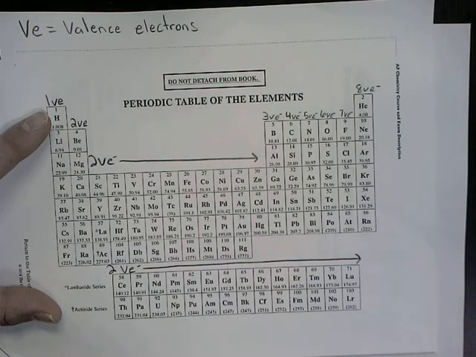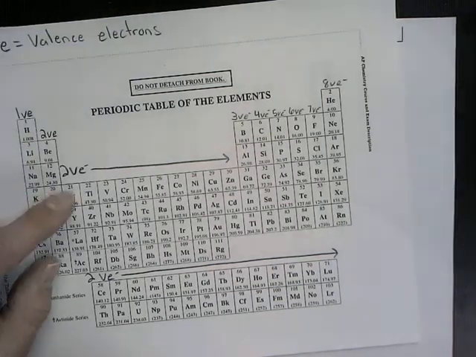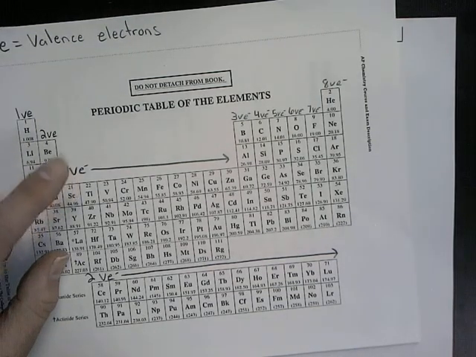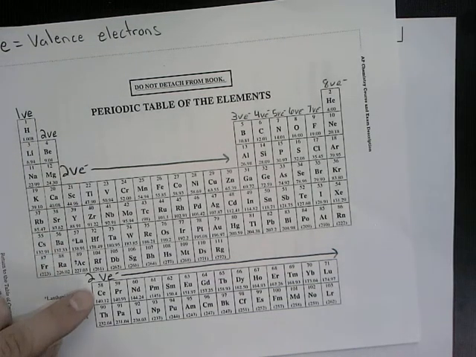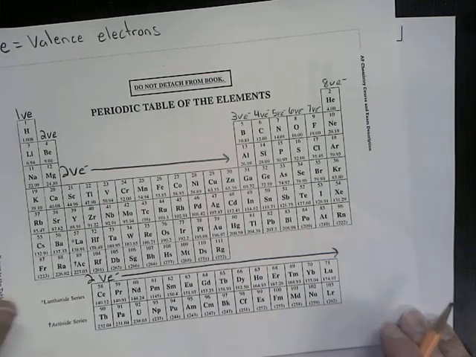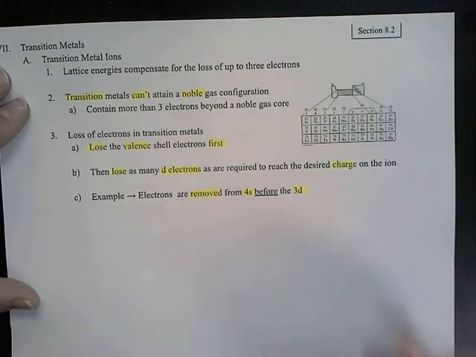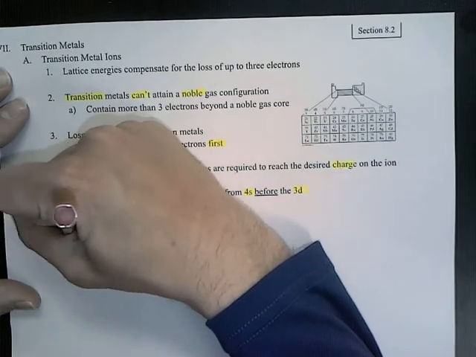I want to make this an emphasis because these things have 2 valence electrons. We are going to have multiple oxidation states. What that means is they have multiple charges. Now, let's say, for example, we have iron.